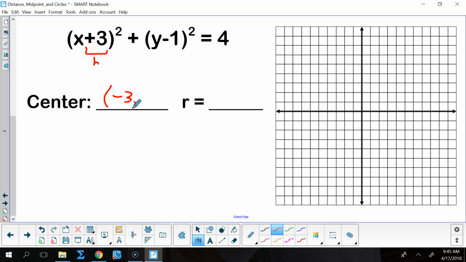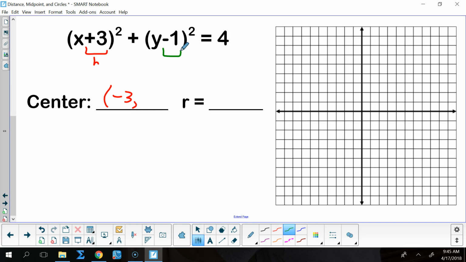The center of the circle is going to be these two numbers right there, red and green. But because they're inside parentheses, I've got to think oppositely. So plus 3 is in the parentheses, so I should be thinking positive 3, but opposite, I'm thinking negative 3.